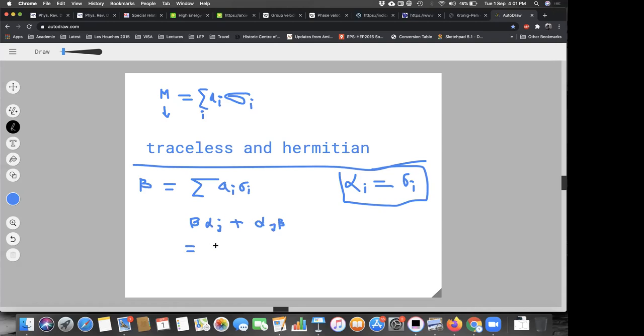Now what is my beta? My beta is actually sum over i of a_i sigma_i. So let me just substitute that, sum over i, a_i sigma_i, then I have sigma_j, yes, sigma_j, because alpha_j is basically sigma_j, plus sigma_j a_i sigma_i.